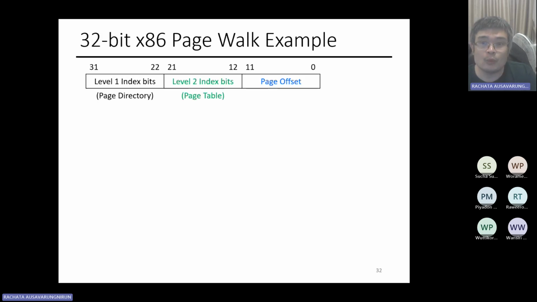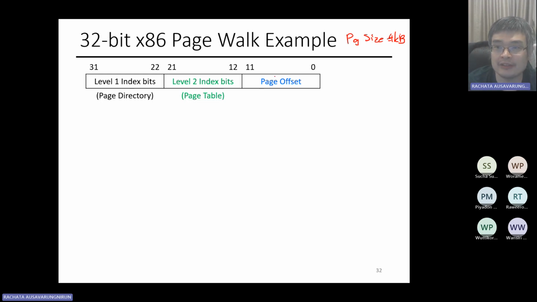Here's one example. Because your address is 32 bits and your page size is 4 kilobytes, I know that within the page, everything will be organized the same way. So the last part of my address tells me what byte in the page I am trying to access.